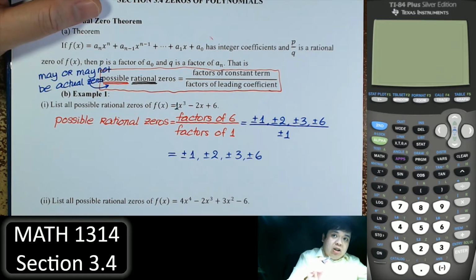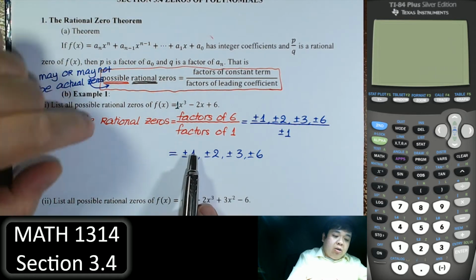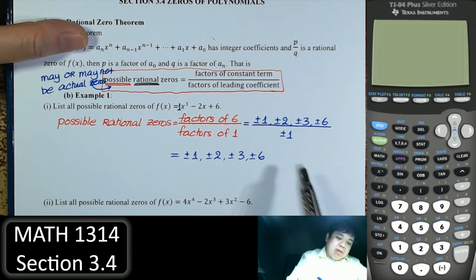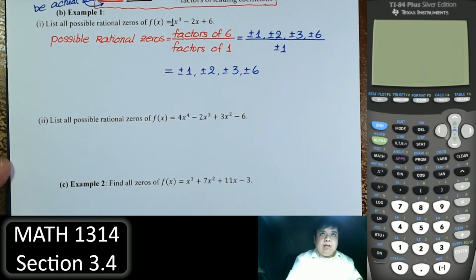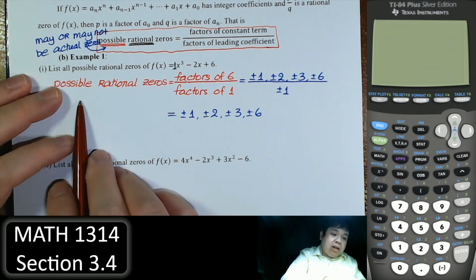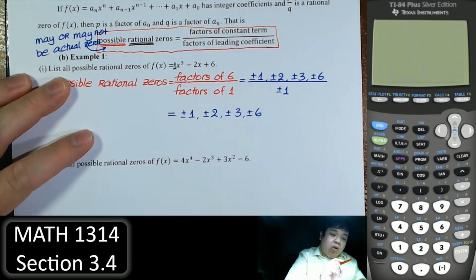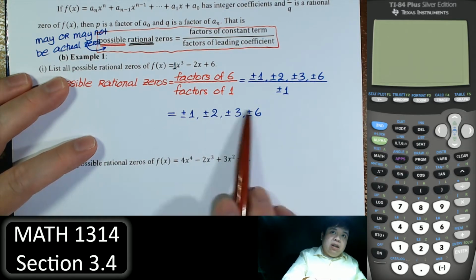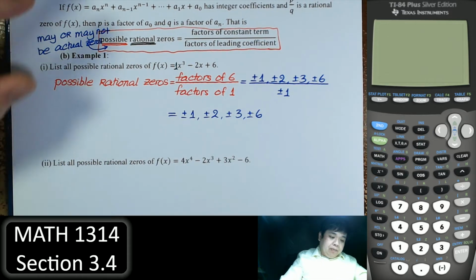But if they are rational zeros, they have to be one of those numbers. Again, possible means that if the zeros are rational numbers, they must be in this set of numbers.